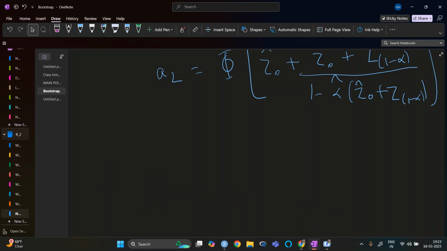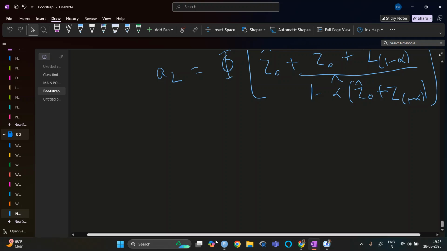Okay, after that we will see how we can find these things in our software. The core boot we have already.